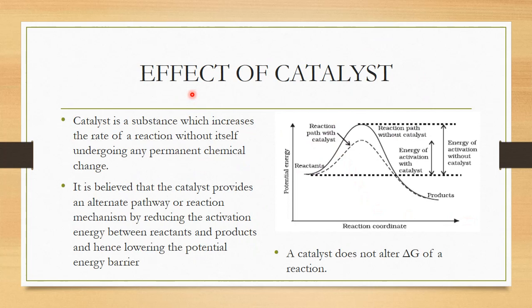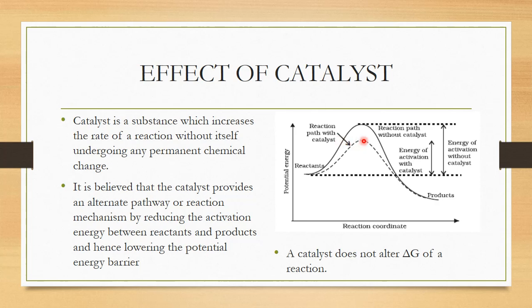Now a little bit about the effect of a catalyst. What is a catalyst? It is a substance which increases the rate of reaction without itself undergoing any permanent change. Now what does a catalyst do? A catalyst lowers this energy barrier. A catalyst provides an alternate pathway with a lower energy barrier.